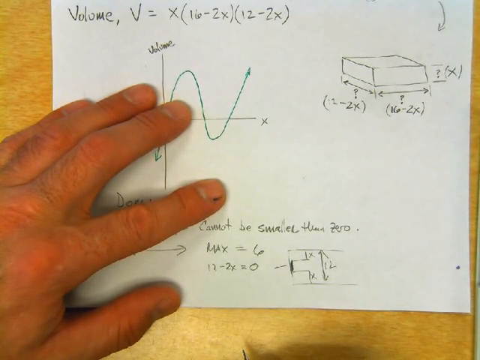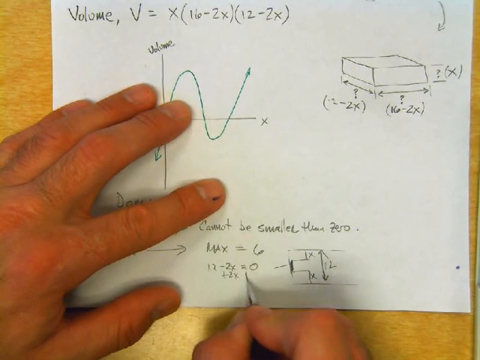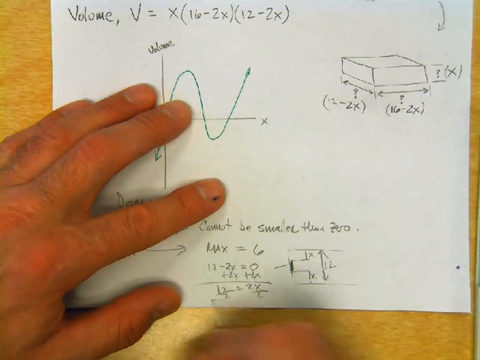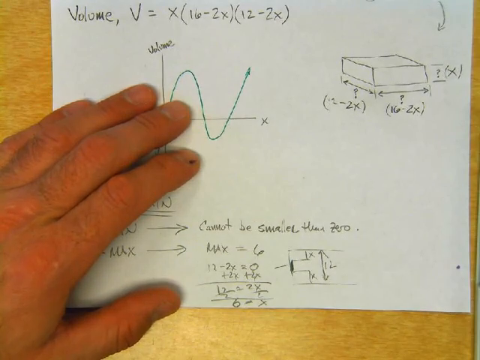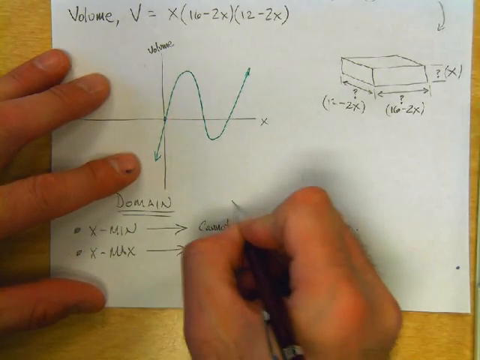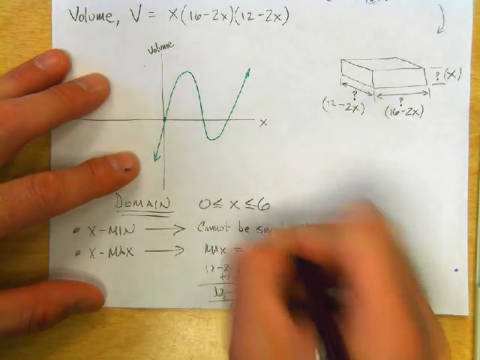Right? And so you could solve this equation, 12 minus 2x equals 0: 6 is the biggest that it can be. Okay? So now we know that the domain is going to be, it can be 0 or bigger, and it can be 6, but it has to be less than 6.